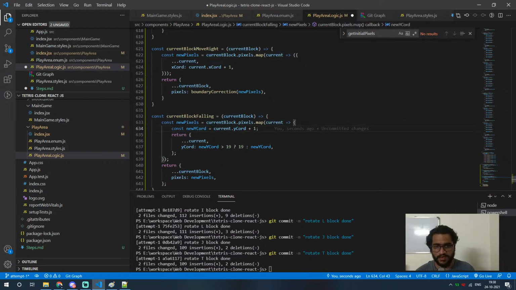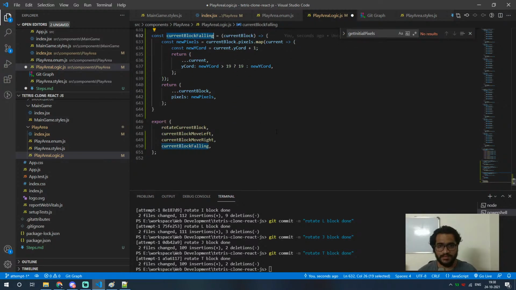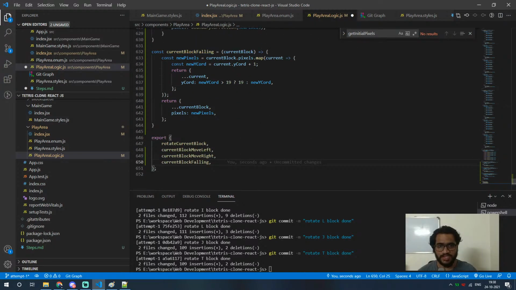It adds the current y coord plus 1, and then while returning it in the object, it just checks whether it is greater than 19. If it is greater than 19, then it would limit it to 19, or else it would just keep it as it is. I think this is a simple logic. I don't think there would be any confusion in that.